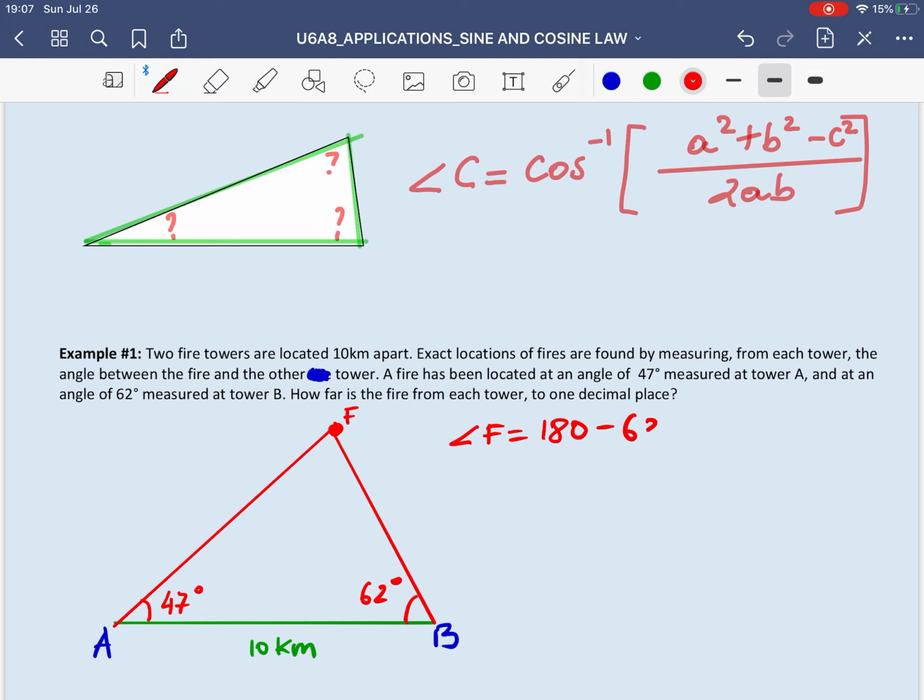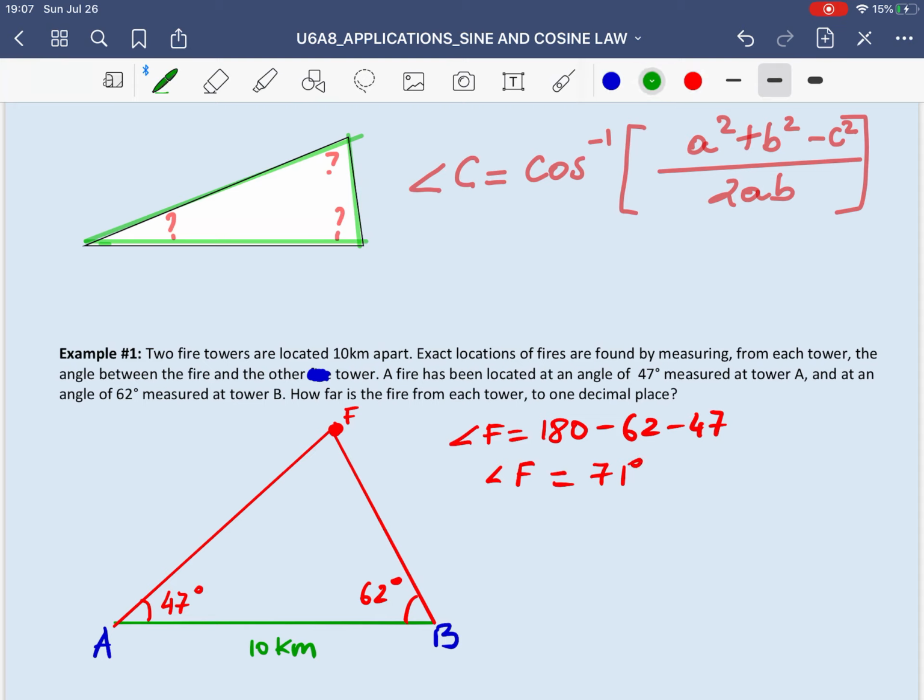So 180 minus 62 minus 47, which would give 71 degrees. So there goes angle F.